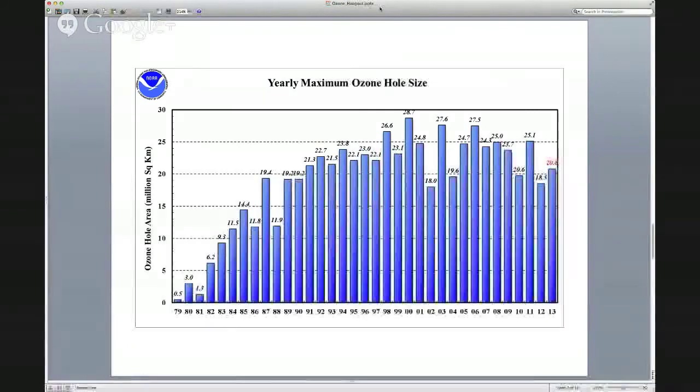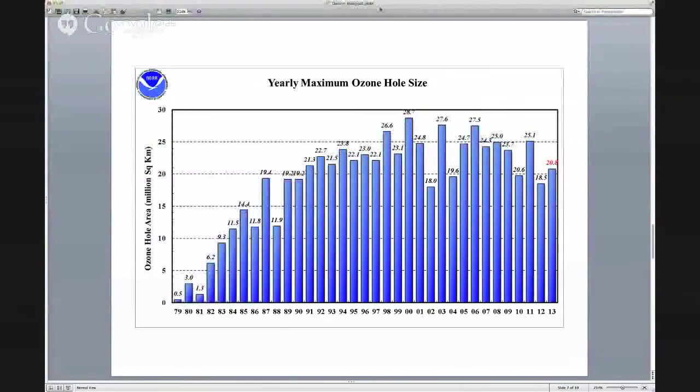Let's try to queue up a graph here of the past ozone holes in recent years and look at how the 2013 ozone hole compares. How does the 2013 ozone hole look compared to recent holes that we've seen? I know that the ozone hole can vary every year quite a lot.